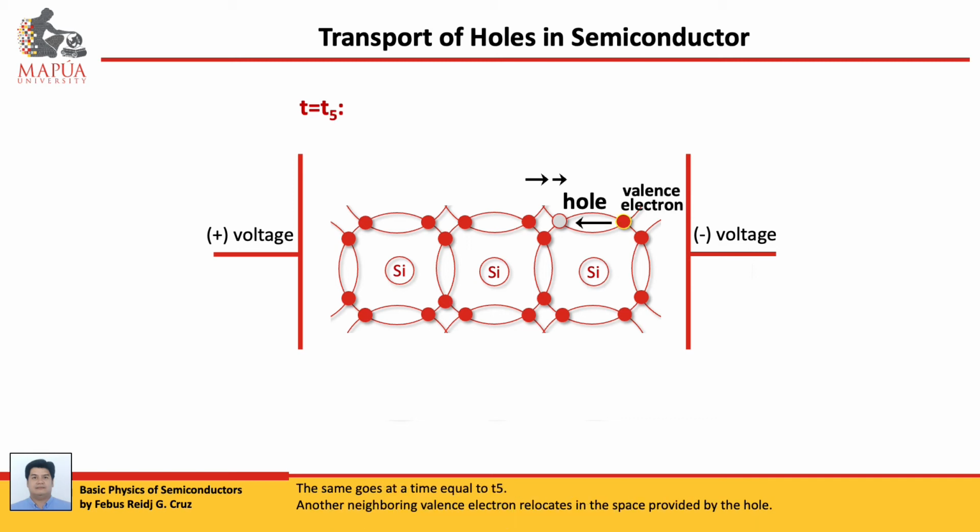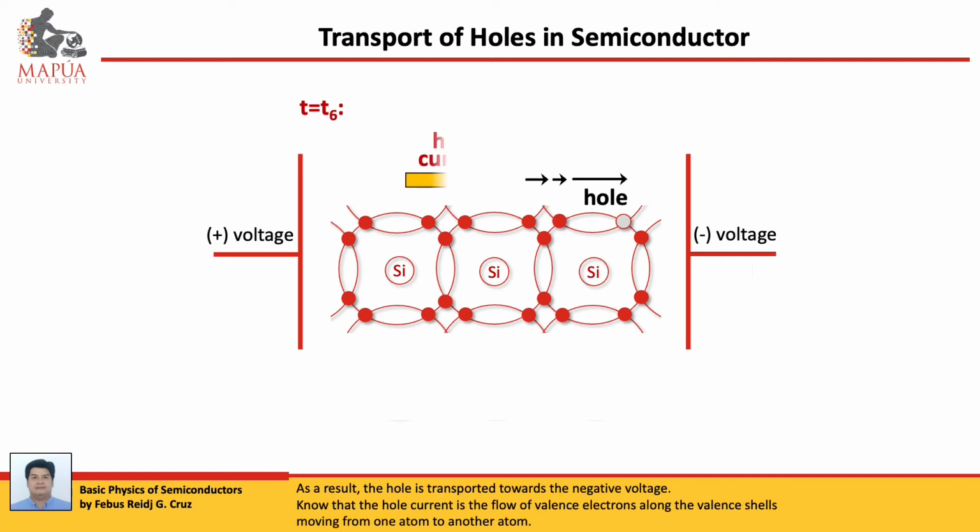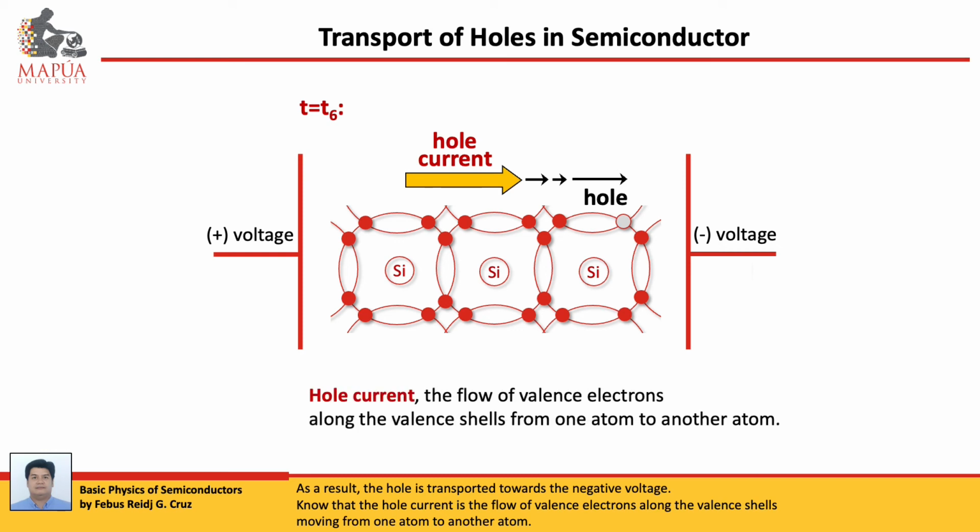The same goes at a time equal to T5. Another neighboring valence electron relocates in the space provided by the hole. As a result, the hole is transported towards the negative voltage. Note that the hole current is the flow of valence electrons along the valence shells moving from one atom to another atom.